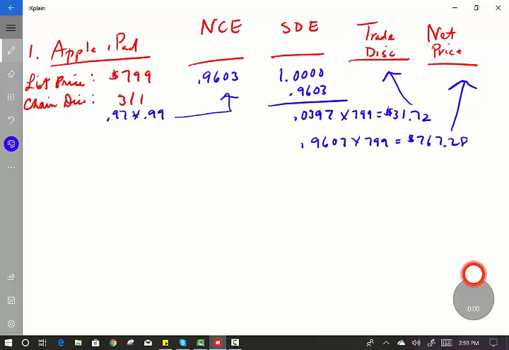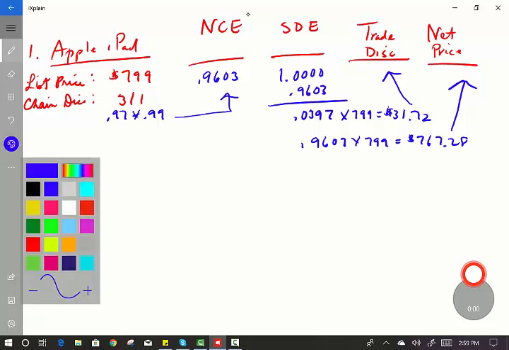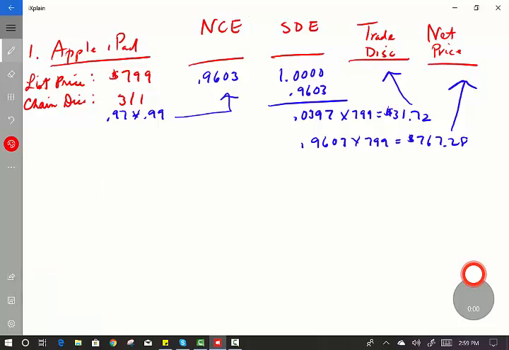Okay, number 2. Number 2 is for a Samsung Blu-ray player. We're still going to be calculating the net cost equivalent, the single discount equivalent, the trade discount, and the net price.